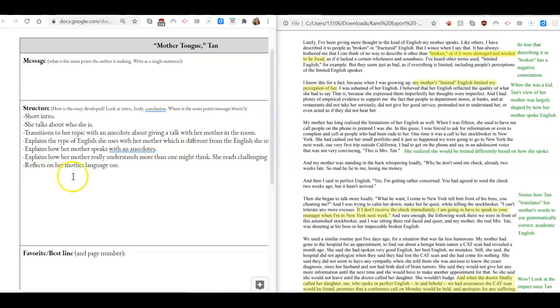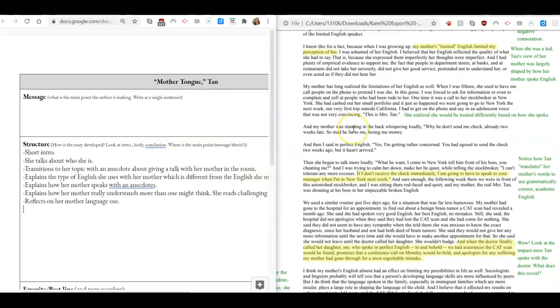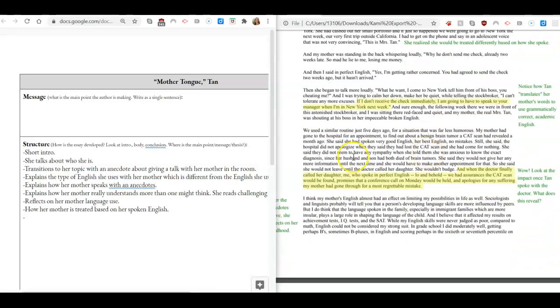And then she goes on to how her mother is treated based on the way she speaks, based on her speech, based on her spoken English, to be more specific there. Okay. And she tells some stories about acting on her mother's behalf.